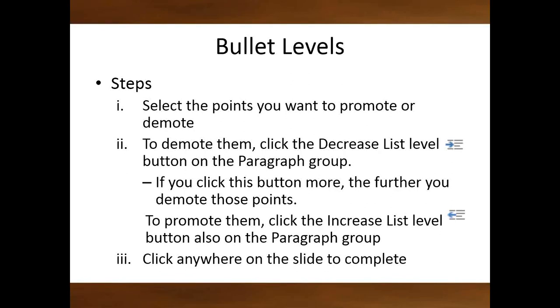If you click this button more, the further you demote those points. To promote them, click the Increase List Level button, also found on the paragraph group. Click anywhere to complete.